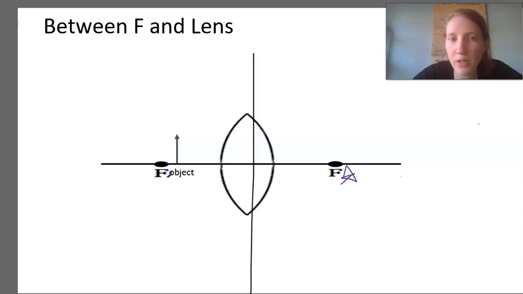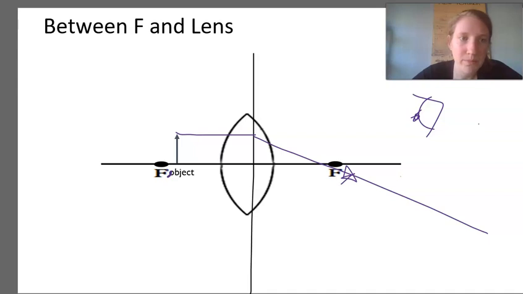Okay, primary focal point, converging lens, convex lens. This is the viewer, right? Viewer is on the opposite side of the object, because you look through a lens at an object. So our first line is going to go from the top of the object straight to the middle of the lens, and then it will go through the primary focal point.